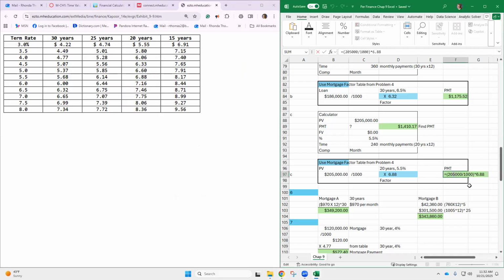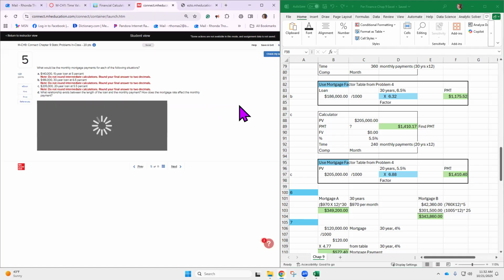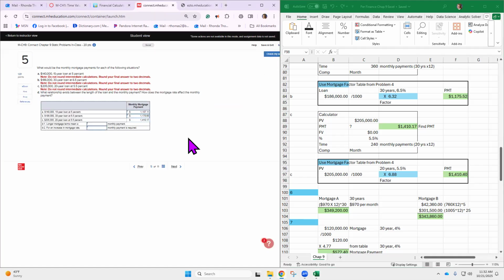Let me double check. I got 205,000 divided by 1,000 times 6.88, so 1410.40. I'm going to put that in one more time because if that isn't correct, I want to let them know, because you should be able to get your answer from either source. 1410.40.